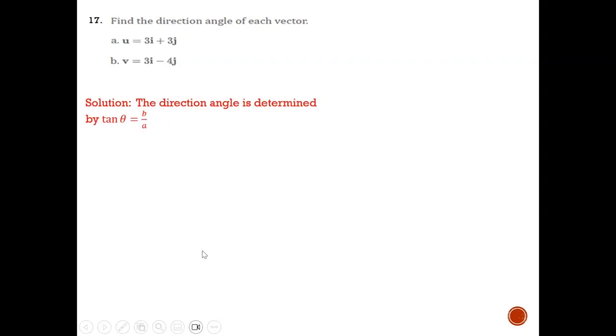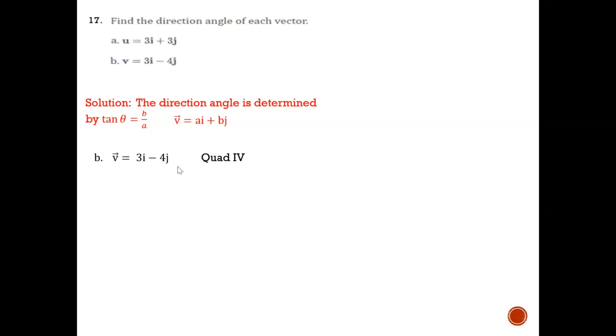Now for part B, let's do B now. The first thing is what quadrant is vector B on? This is going to be on quadrant 4 because this is positive and negative. Since it's quadrant 4, to find the answer at the end, guys, you have to add 360. That's a rule.